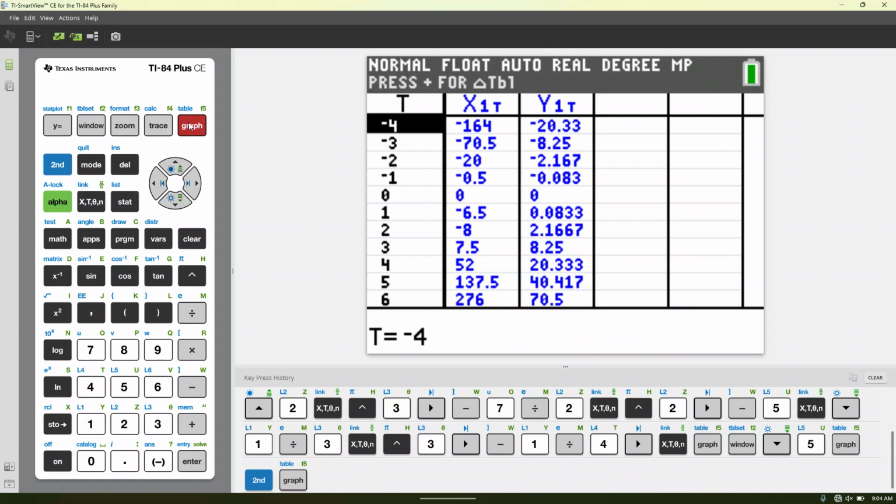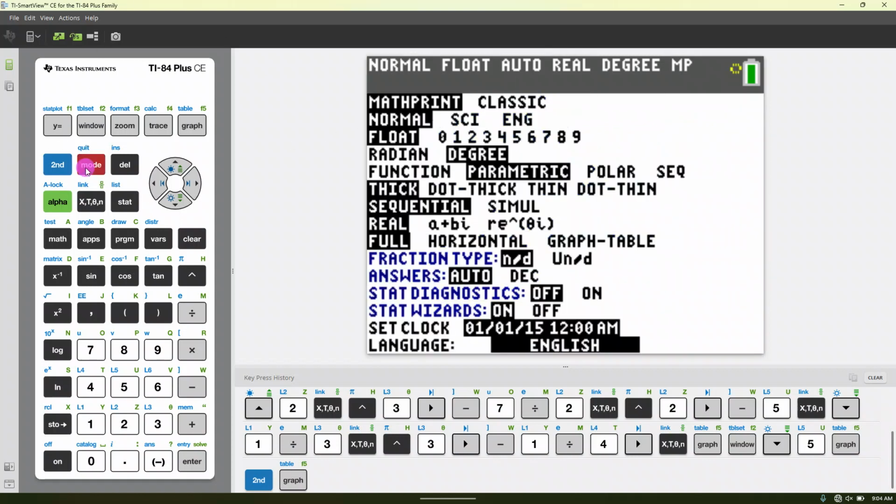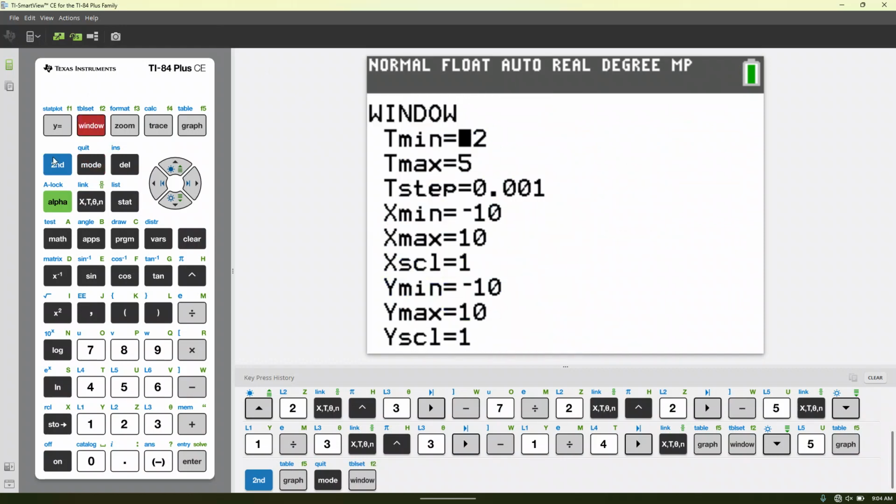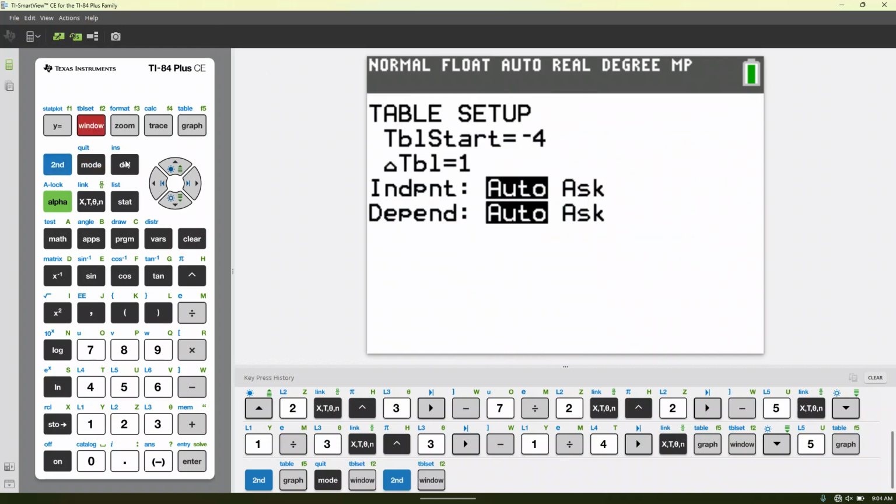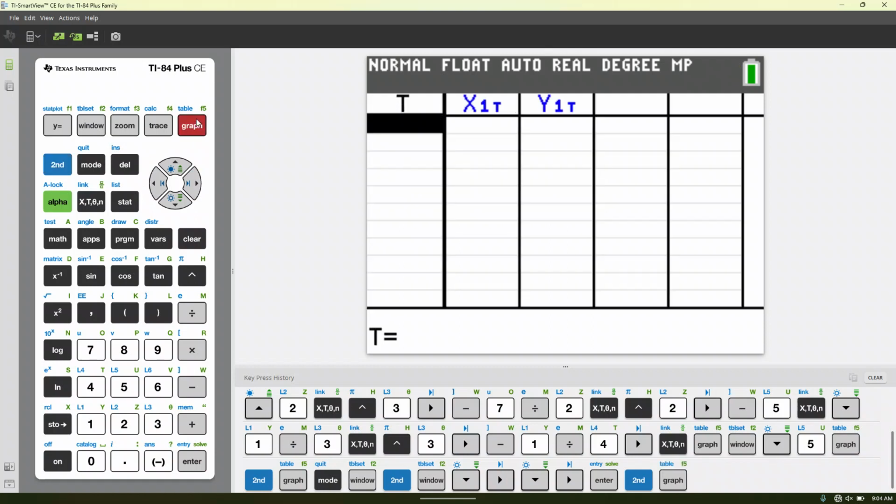However, I'm going to change the settings for the table. I'm going to go second table set, and I'm going to have the independent variable not generate automatic values. I'm going to make it ask for a value. So when we do the ask, go second table, everything is gone.